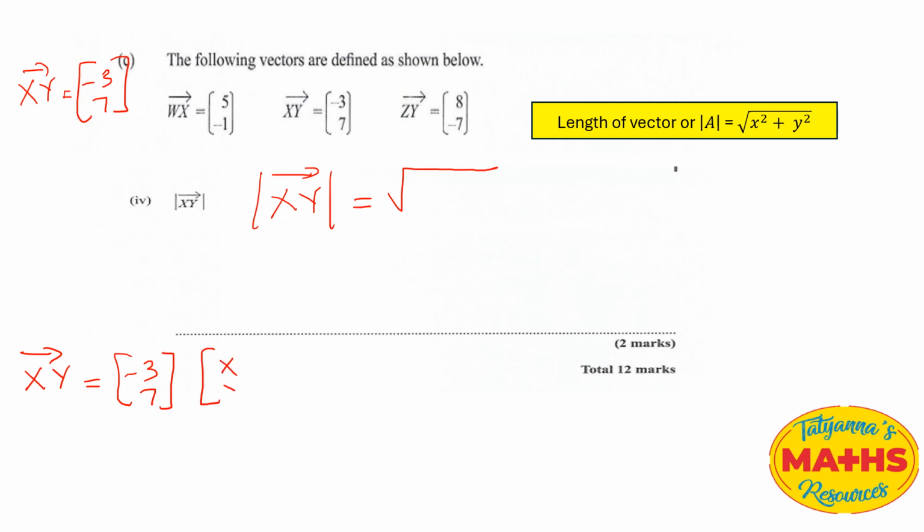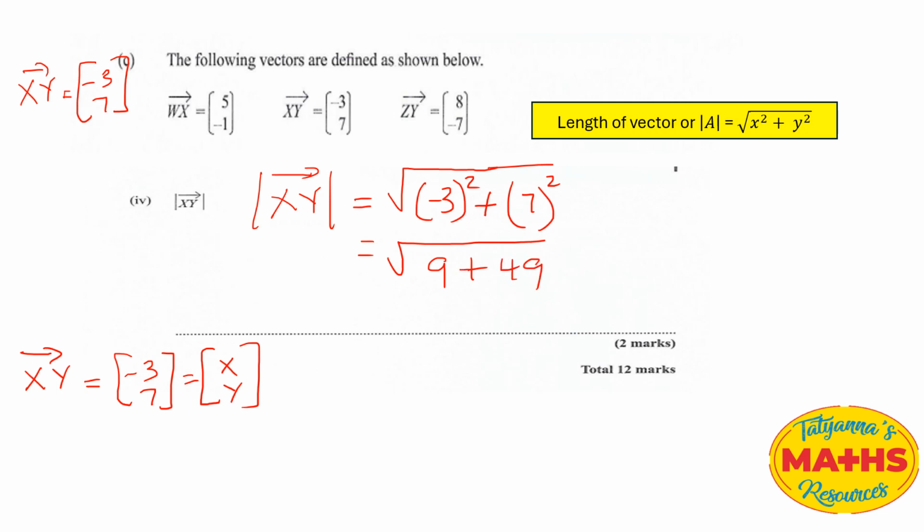Therefore, this is x and this is y. So we're going to write (-3) squared plus 7 squared. That is 9 plus 49. Put that in the calculator, and that is going to give us the square root of 58. So we can leave it as this, the square root of 58, as the answer.